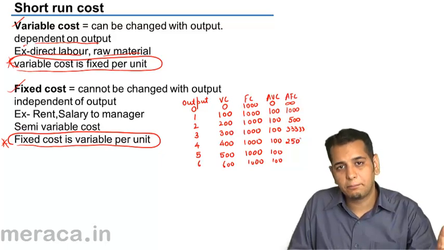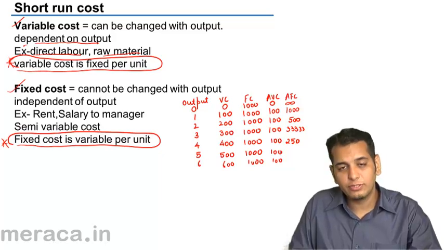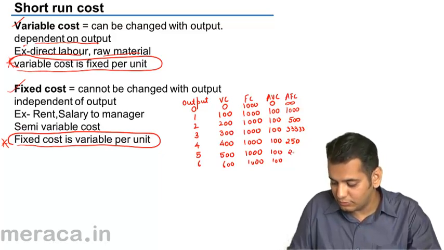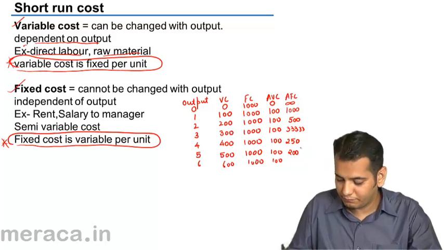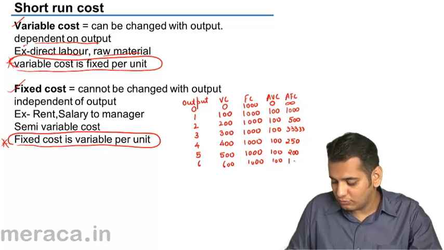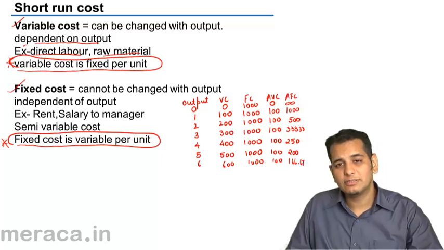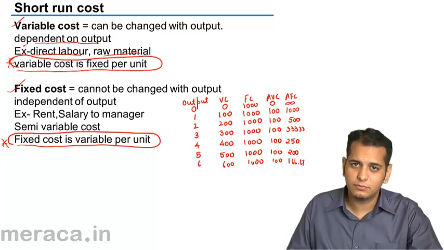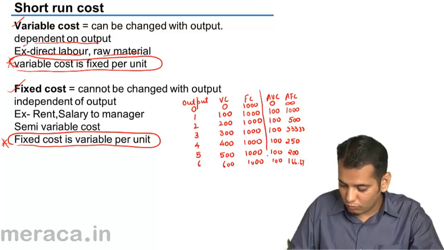The fixed cost per unit will now be 250. For 5 units, I'll still pay 1000. The cost will come down to 200. For 6 units also I'll pay 1000. So now the cost is coming down even further. It is 166.67 now.